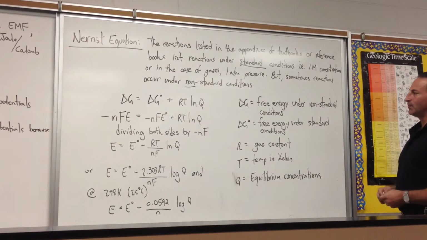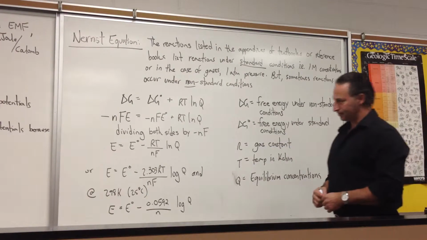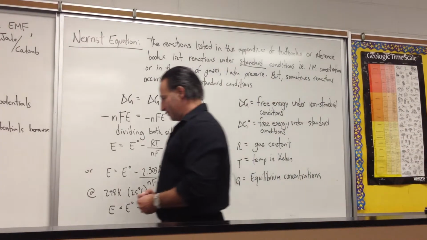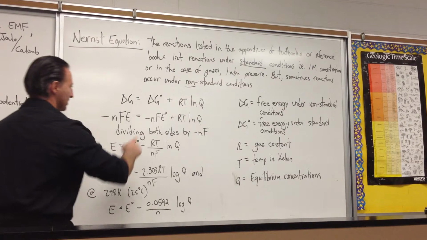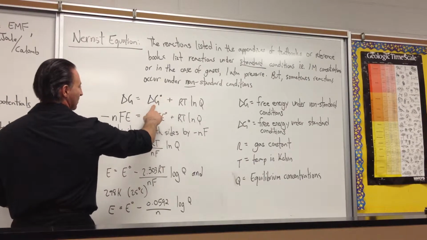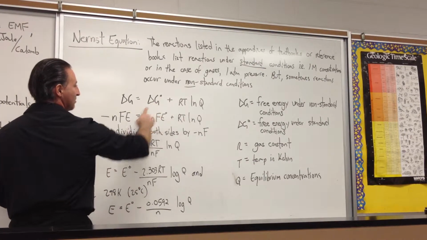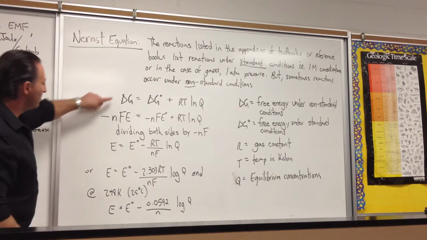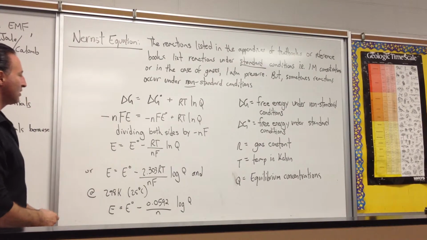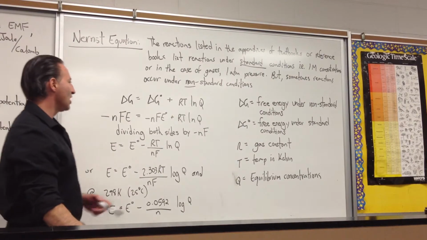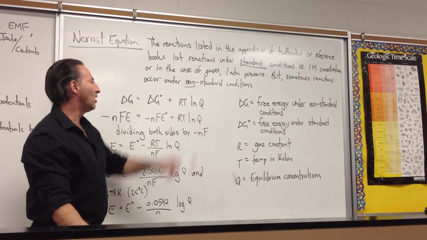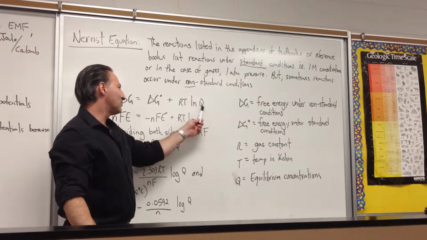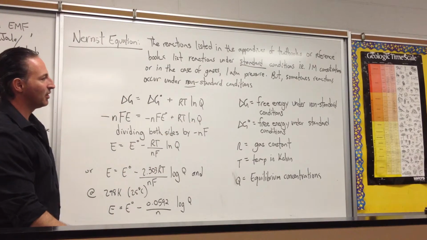And then what do we do? Well, we start off with standard conditions as the basis, and that's why we have delta G naught here. That's the free energy that's available in a chemical reaction based on the standard conditions that it's measured at. But to find out what the free energy is under non-standard conditions, we add a term, RT ln Q, where Q stands for the reaction quotient.